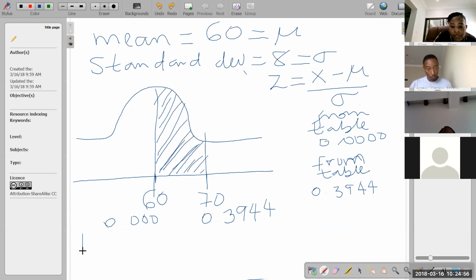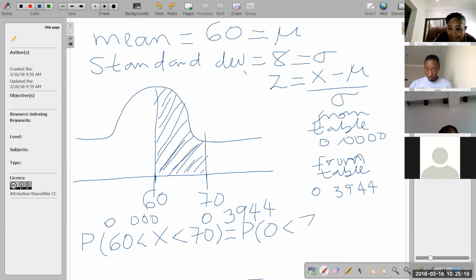So the probability that 60 is less than x is less than 70 is the same as the probability that 0 is less than z is less than 1.25, which we calculated.